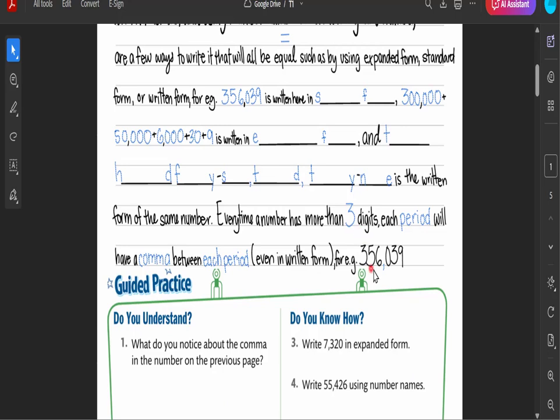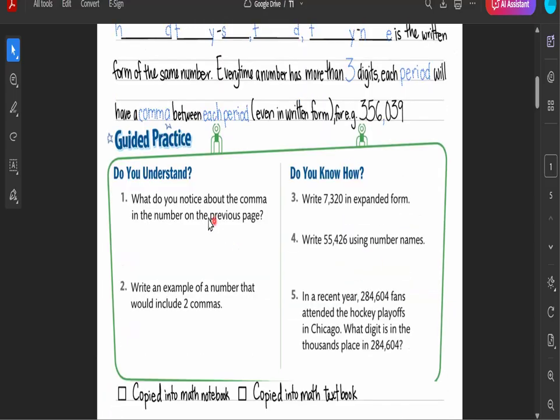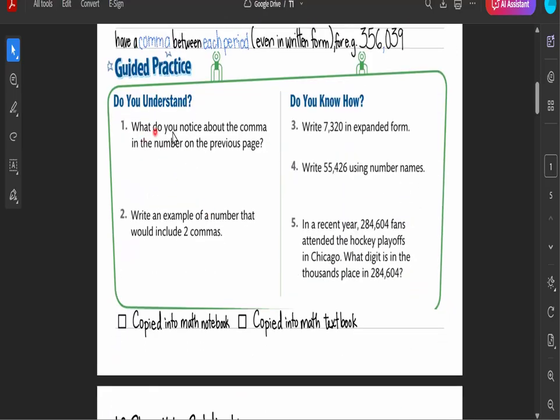So here we have 356,000, comma, 39. Using what we know for the comma part, we already answered this. But remember, every time we have a period, that means three numbers that are aligned up, starting in the ones place, of course, and then the thousands, and then the millions, and so on. Every time we have three numerals, we have to put a comma that separates it.